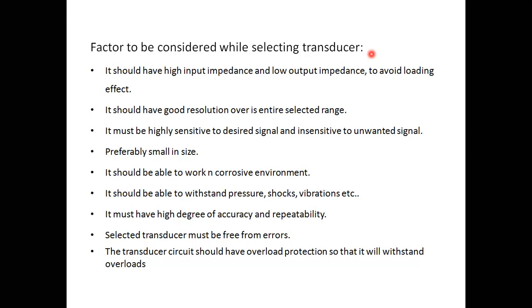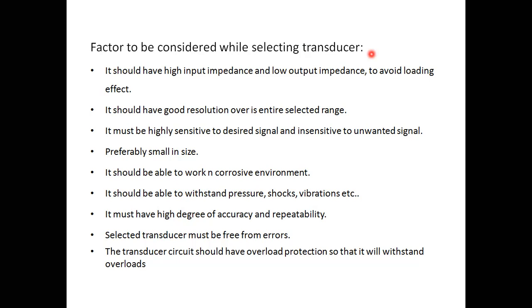So the first one is range. For example, if I want to measure low temperature ranges, I go for a thermistor. If I want to measure temperatures up to 200 degrees centigrade, I go for a thermometer.